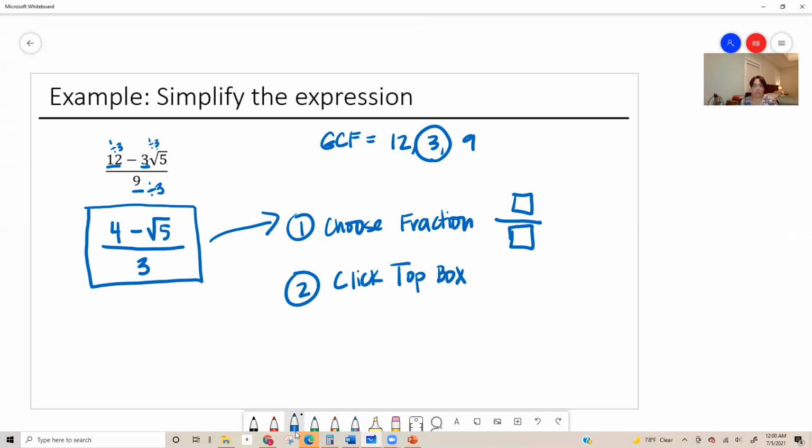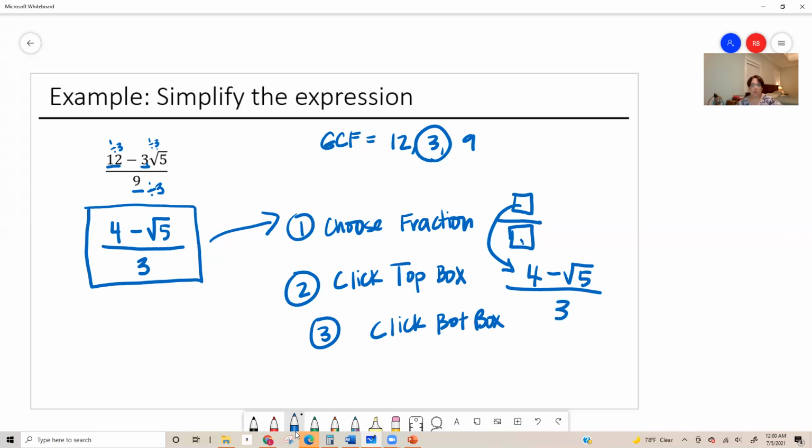So whenever you click this top box right here, then you are going to type in 4 minus the square root of 5. Then you have to click the bottom box. Okay. So then once you click into that bottom box, you can just type in a 3.